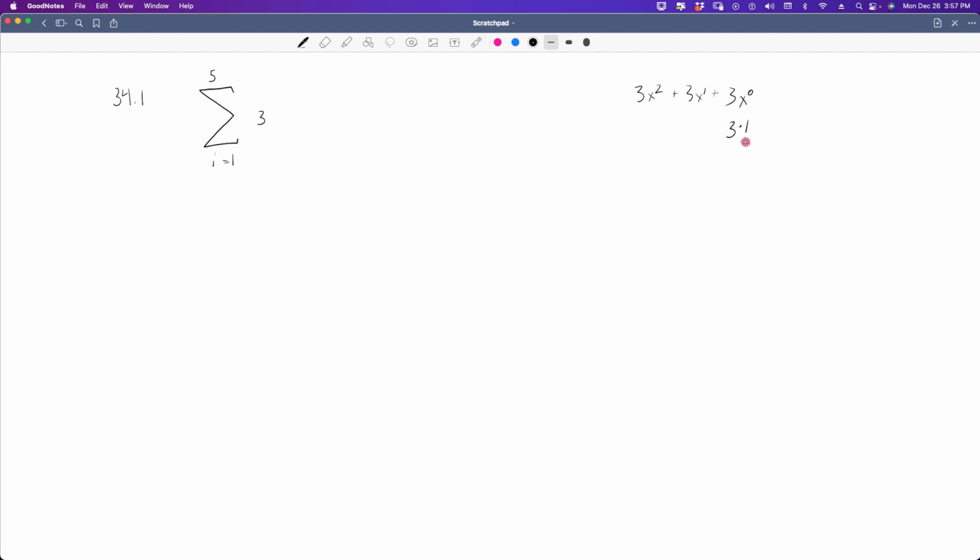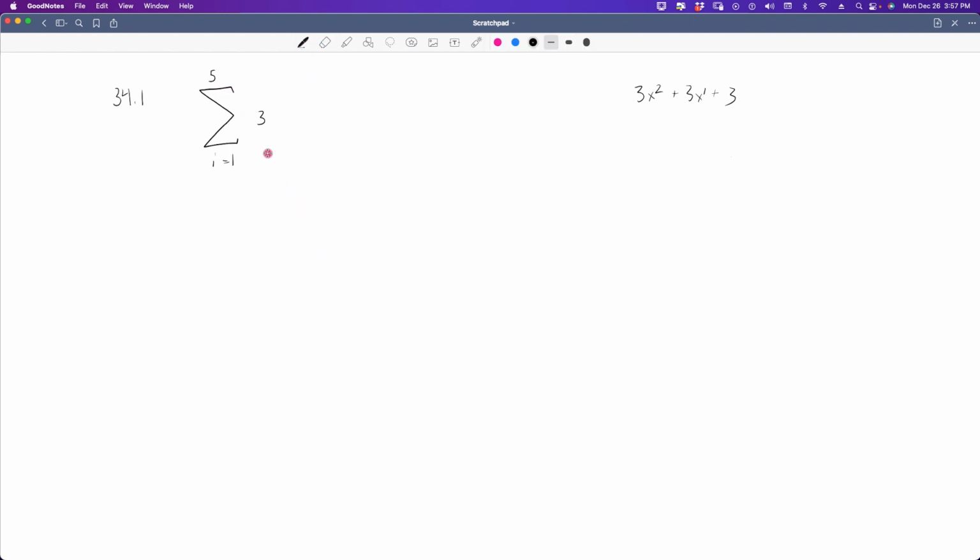So it's there, it's just invisible. And that's what you have when you see a problem like this. It's just that it is to the 0 power. You could put your variable there to the 0 power, and it's always going to represent 1, 3 times 1. All right, so that's what you're seeing without seeing it.